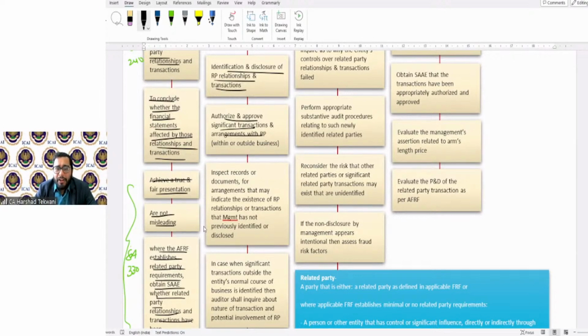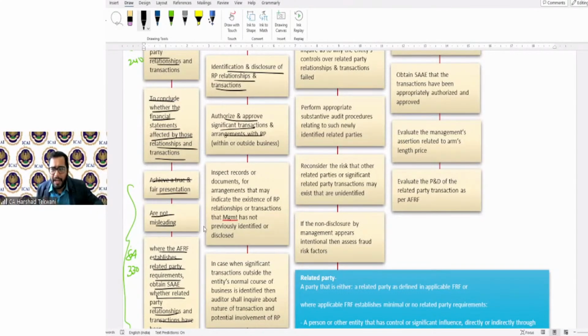They create a requirement of approval or a control that each and every related party transaction should be approved, either through a block approval by the board of directors or one on one. The applicable financial reporting framework and laws and regulations may require some additional requirements with respect to whatever area it is.